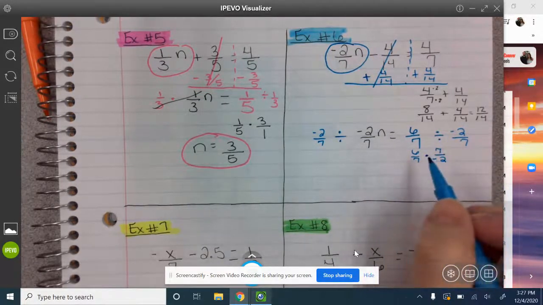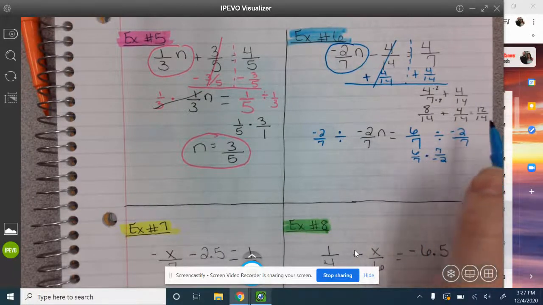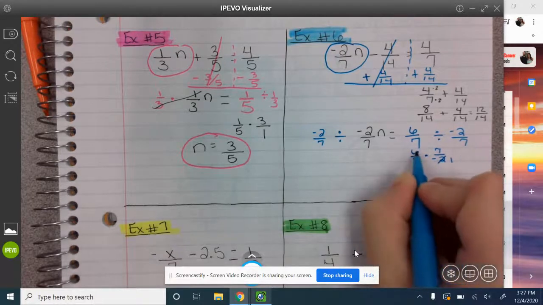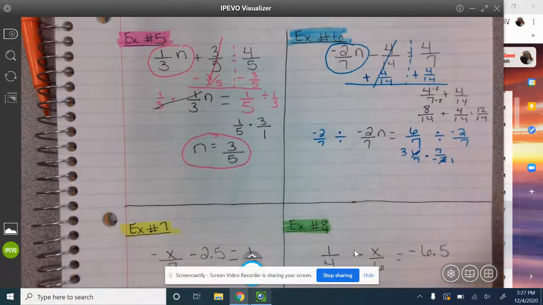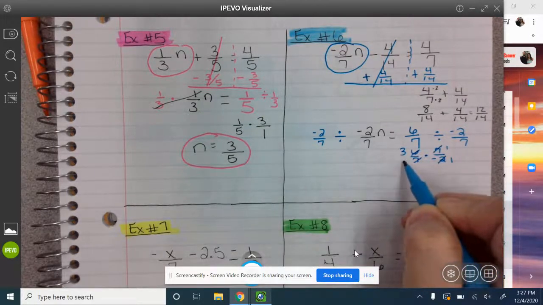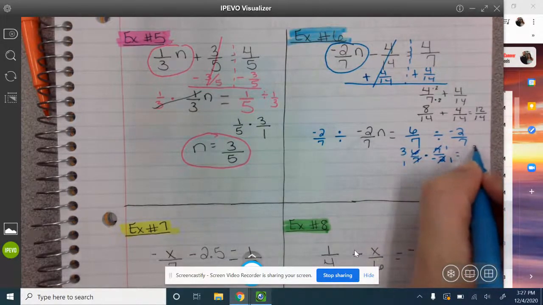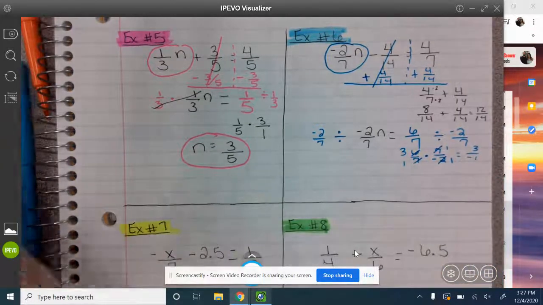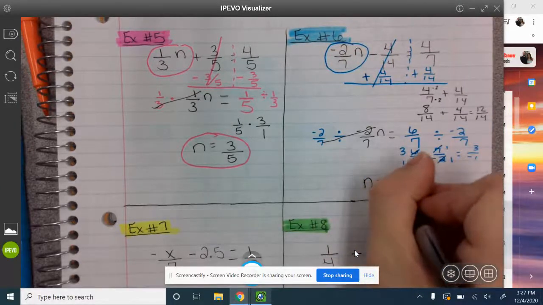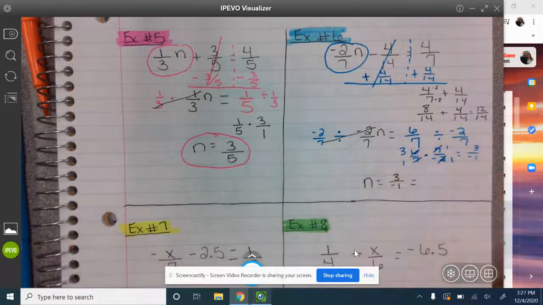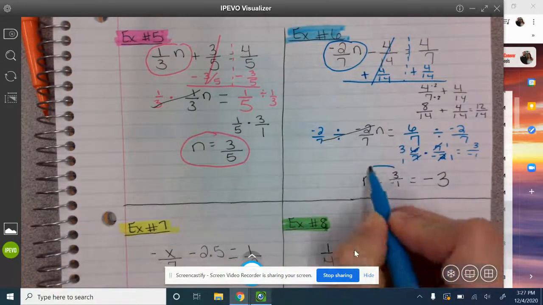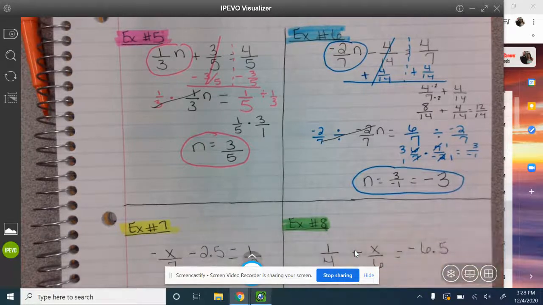I want my answer as simplified as I can make it before I get to the end. 6 and 2. 2 goes into 2 one time. 2 goes into 6 3 times. 7 and 7. 7 goes into 7 1. 7 goes into 7 1. And I get 3 over negative 1. So I'm going to have n equals 3 over negative 1, which is the same as saying negative 3. So n equals negative 3.